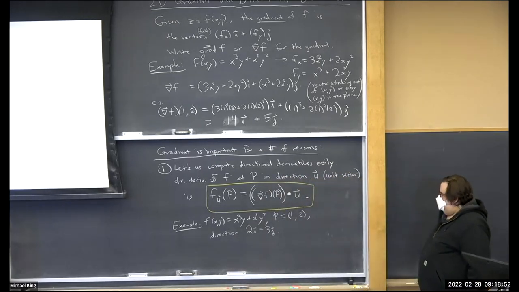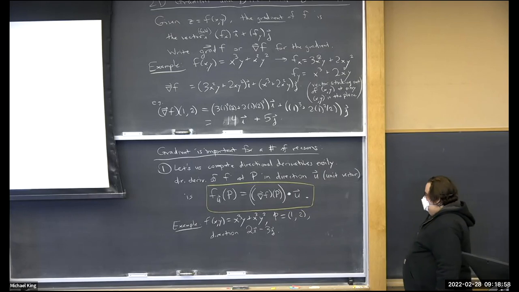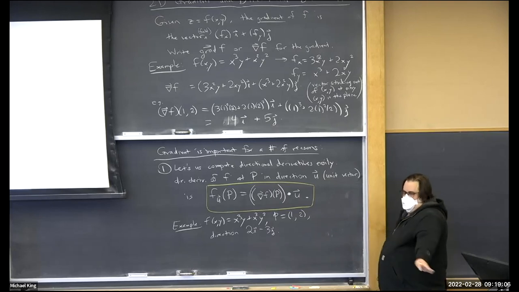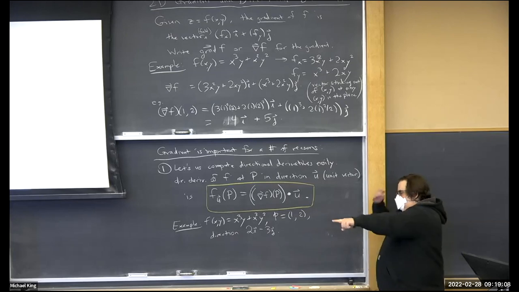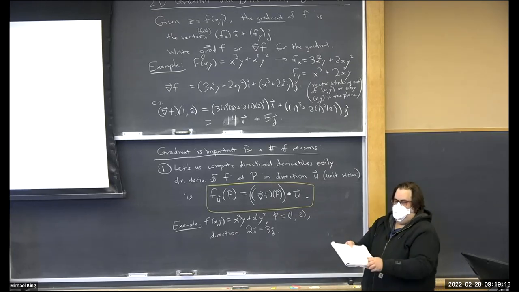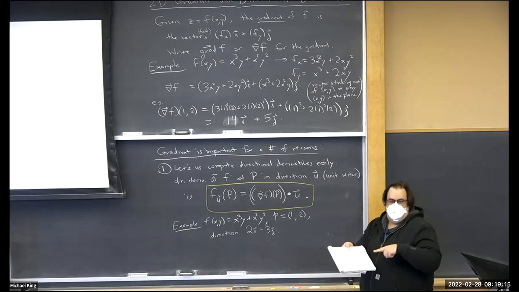So you can imagine being at that point and leaving in that direction and asking yourself, what's the slope in that direction? Because we're on a graph, we can think about leaning on the tangent plane. You zoom in, and it basically becomes the tangent plane, and you sort of say, well, if I'm on this ramp and I go off in some direction, what's my slope in that direction?